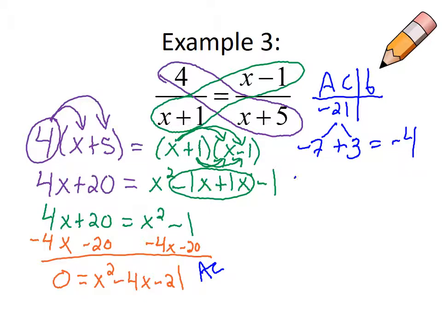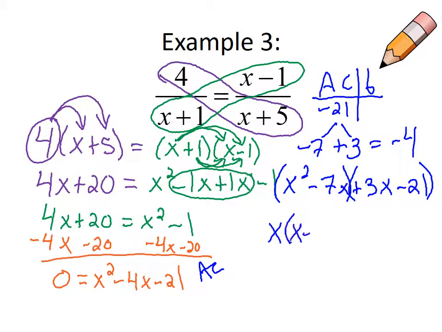If I rewrite this, I get x squared minus 7x plus 3x minus 21. Group my first two, group my second two. I'm going to take out an x out of my first one, so I'm left with x minus 7. Take out a positive 3. I'm left with x minus 7.